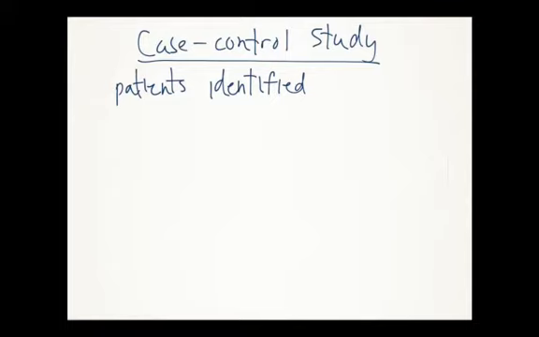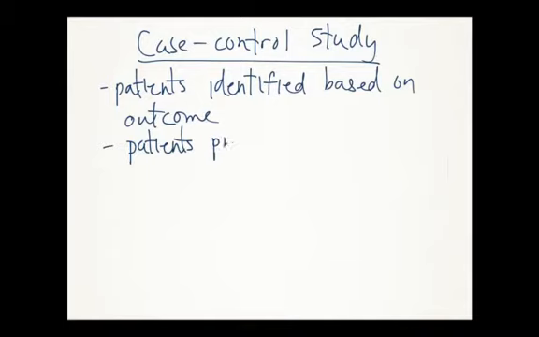Here, in a case control study, patients are identified based on the outcome. Okay? So the outcome has already taken place. And we identify patients based on their outcome. Okay? And then patients' prior exposure is determined.